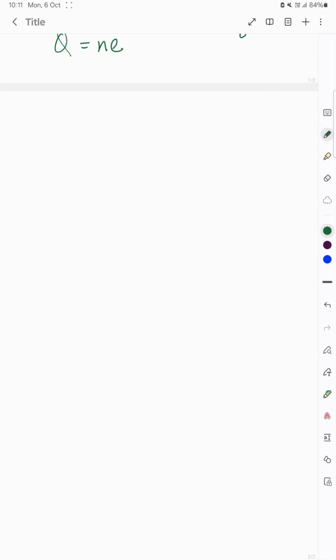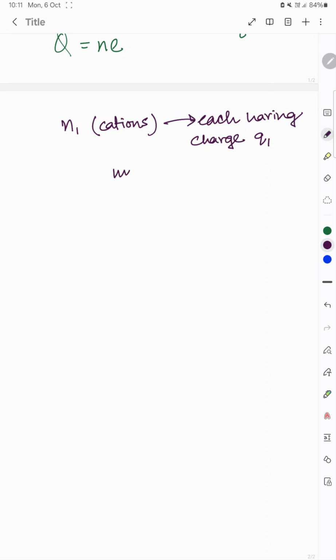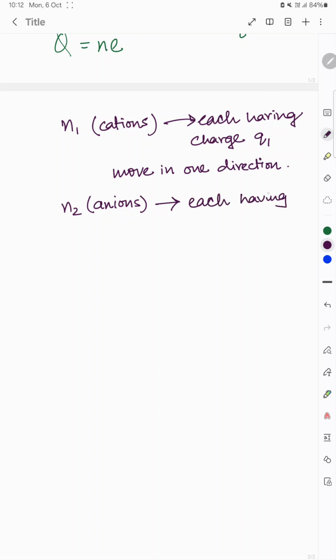In case of an electrolyte, say N1 cations, each having charge Q1, move in one direction, and N2 anions, each having charge Q2, move in another direction.